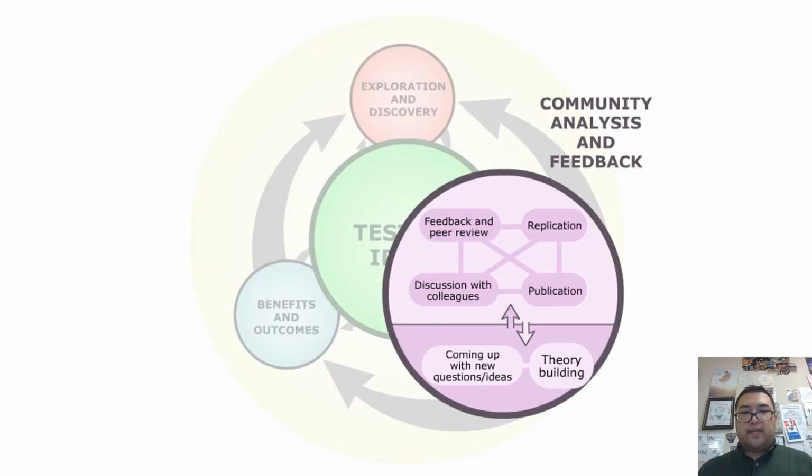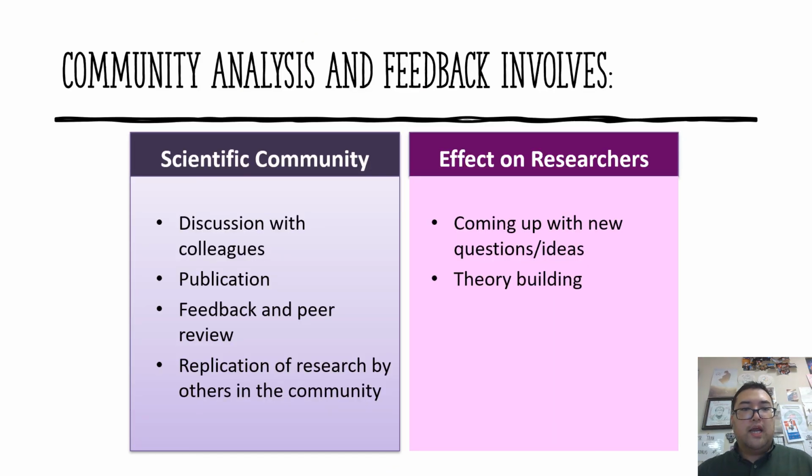So now we're moving into the community analysis and feedback portion. So peer review is always important. We publish our results in publications or journals. And then we also discuss these results with colleagues to see if those results are plausible. So again, in the scientific community, all of that was listed there, and effects on researchers coming up with new ideas and questions from that discussion with the scientific community, and being able to start building a theory.